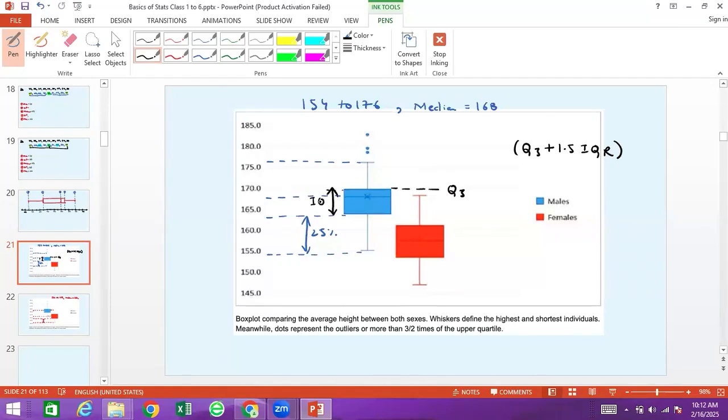Anything beyond Q3 plus 1.5 times IQR, this much height they have taken as 1.5 times IQR. Anything beyond that, they have taken as an outlier.